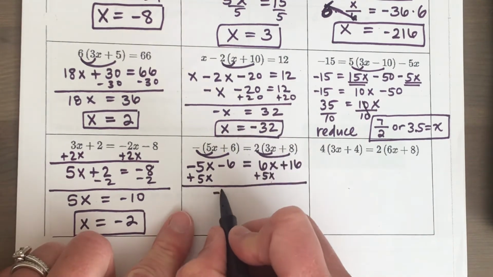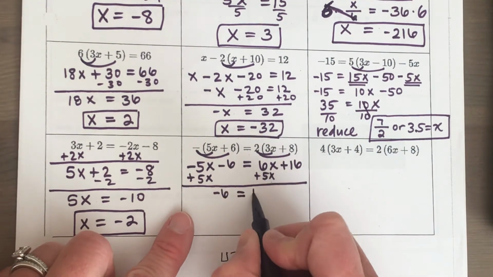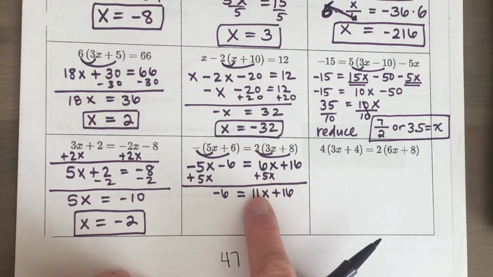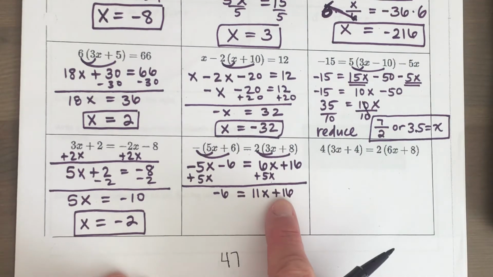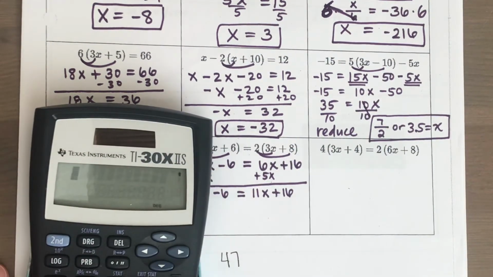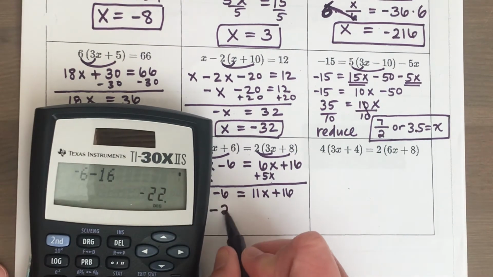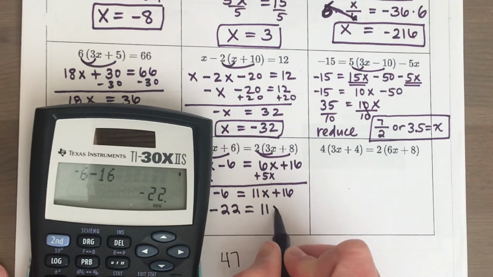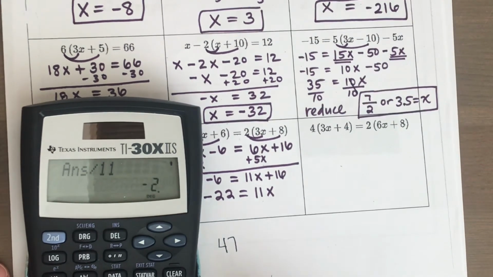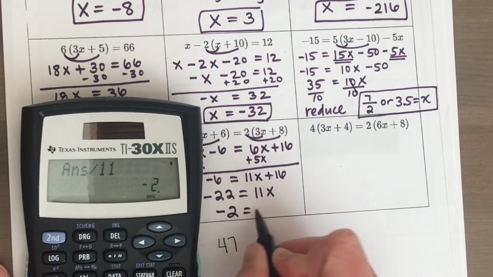Now I will have negative 6 is equal to 11x plus 16. Now to isolate my variable term, I'm going to subtract 16 on both sides. So negative 6, if I subtract 16 to go on the other side, I will have negative 22 is equal to 11x. And now if I divide by that coefficient of 11, I'm going to get a solution of negative 2.